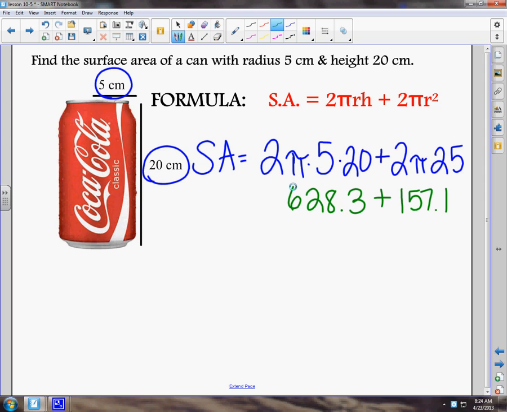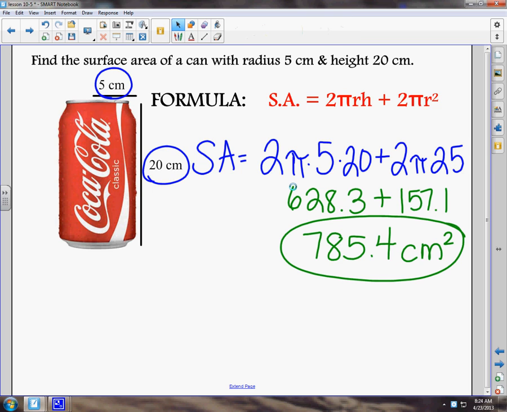Then I add those together, 157.1 plus 628.3, and you get a total of 785.4 centimeters squared.